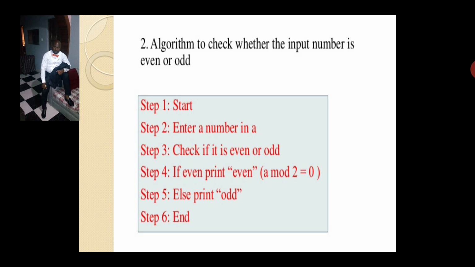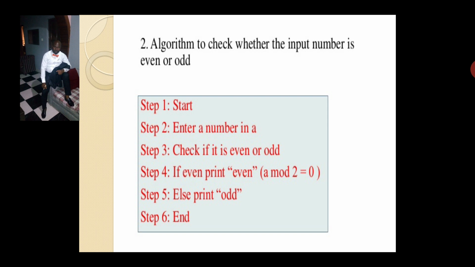Now in programming, mod simply means remainder after integer division. So A mod 2 is equal to 0. So if A mod 2 is equal to 0, that means the remainder is equal to 0, and if the remainder is equal to 0, just know that the number you have entered is even.